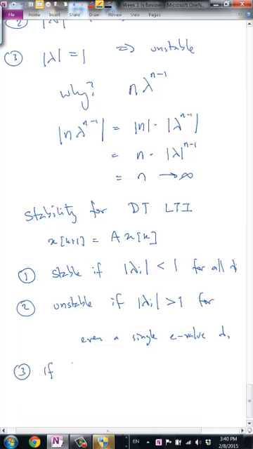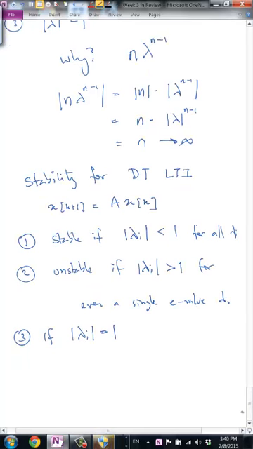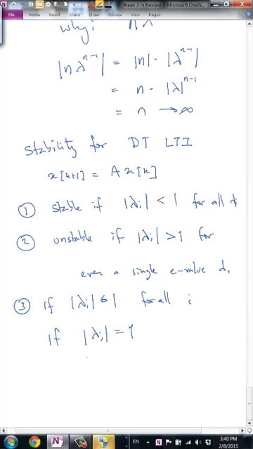And if the magnitudes are less than or equal to 1 for all i, if you look at an eigenvalue that's equal to 1, then if the corresponding Jordan block is 1 by 1, then it's marginally stable or neutrally stable, which means it's not going to infinity and it's not going to 0.